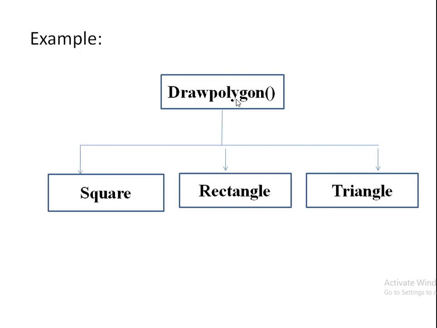The same task can be performed in different ways. The draw polygon method can be performed in different ways, like square, rectangle, and triangle. Polymorphism means the same task can be performed in different ways. Hope you all understand.